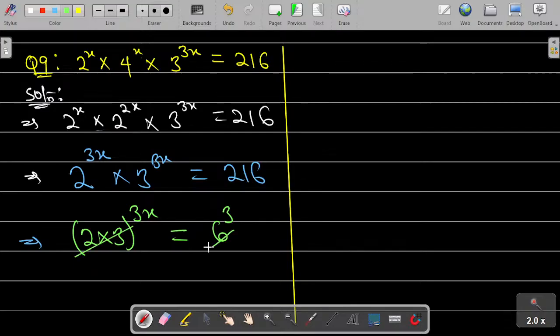Of course, you can remove the equal bases, and that will give 3x equal to 3, and that is my x is equal to 1. Okay, so that's very beautiful. Let's go to the next one, which is 10.